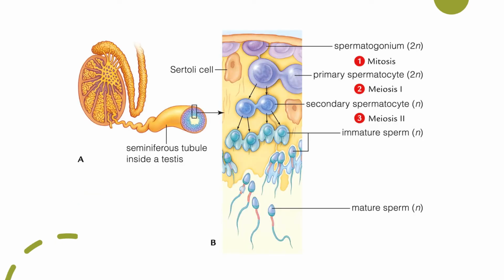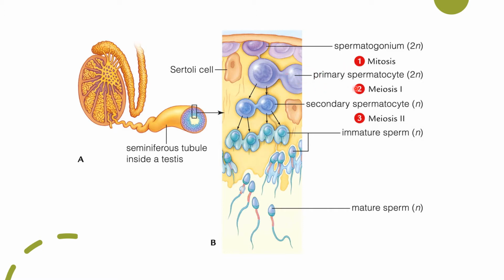So in here, you will see what the cross-section of the seminiferous tubules inside a testis looks like. Again, this is the outer membrane, and adherent to it would be the spermatogonium, which will undergo mitosis to become primary spermatocyte.